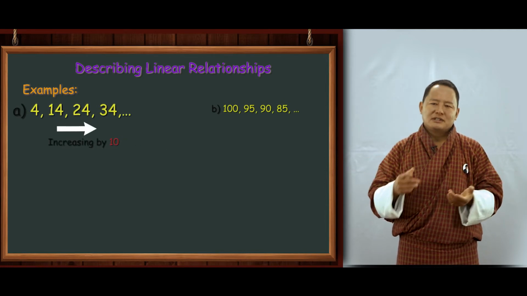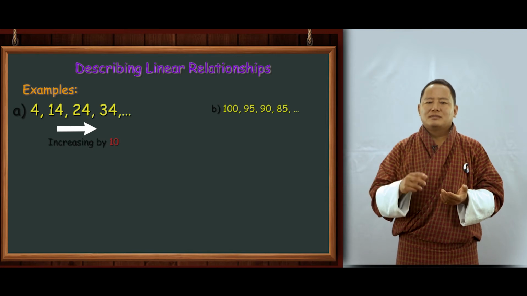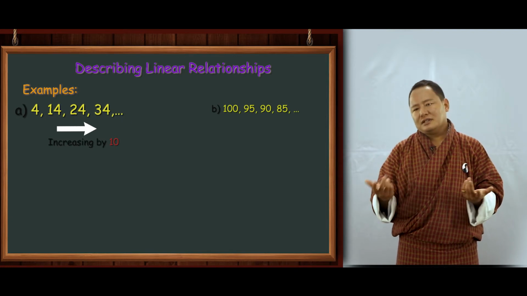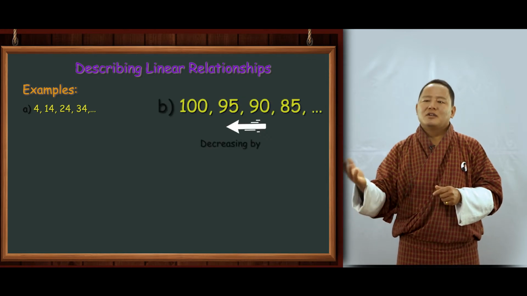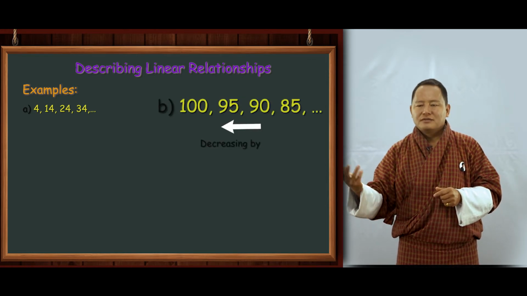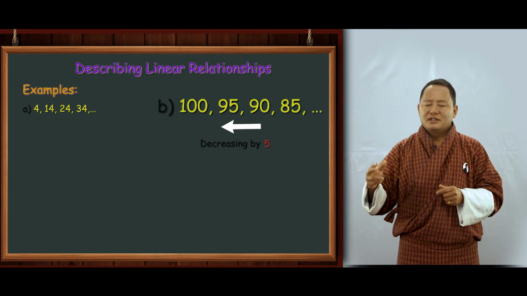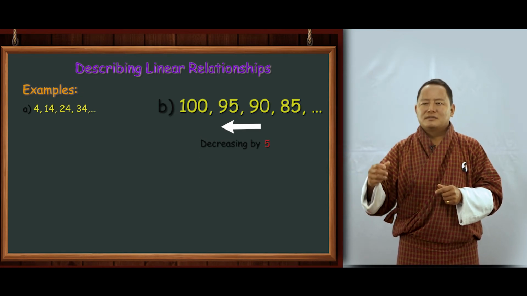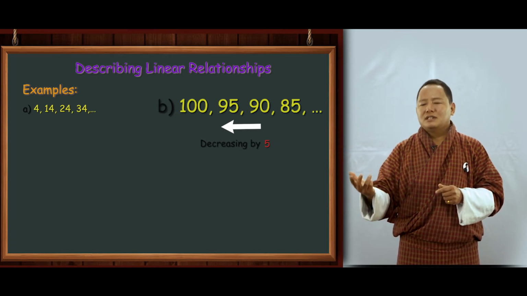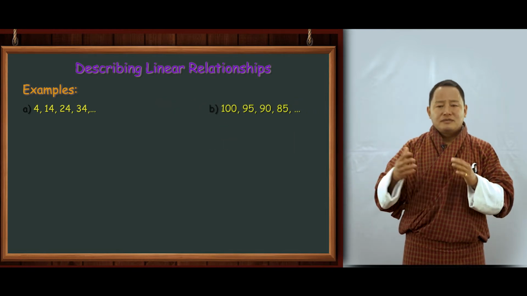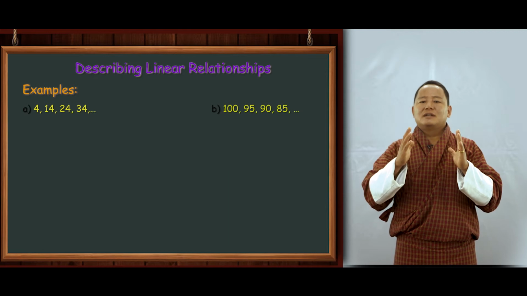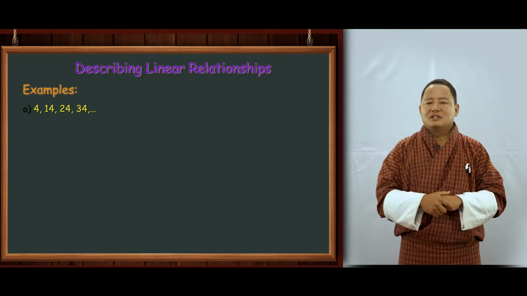Increasing by 10, because 4 plus 10 is 14, 14 plus 10 is 24, 24 plus 10 is 34. But in the second case, what is happening? It is decreasing. Decreasing by how much? 5. Yes. So 100 minus 5 is 95, 95 minus 5 is 90, 90 minus 5 is 85, 85 minus 5 is 80.